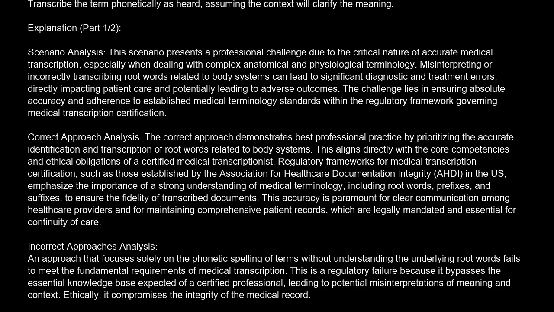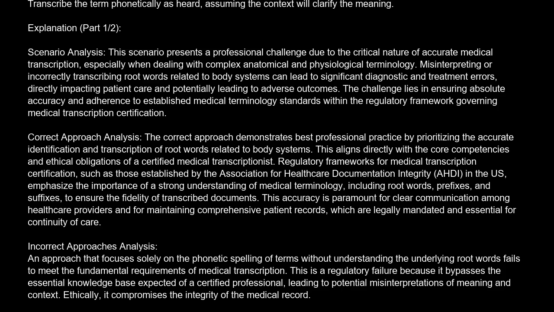Regulatory frameworks for medical transcription certification, such as those established by the Association for Healthcare Documentation Integrity, AHDI, in the U.S., emphasize the importance of a strong understanding of medical terminology, including root words, prefixes, and suffixes, to ensure the fidelity of transcribed documents. This accuracy is paramount for clear communication among healthcare providers and for maintaining comprehensive patient records, which are legally mandated and essential for continuity of care.